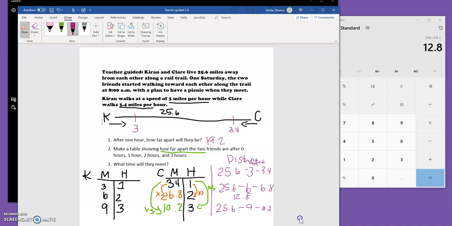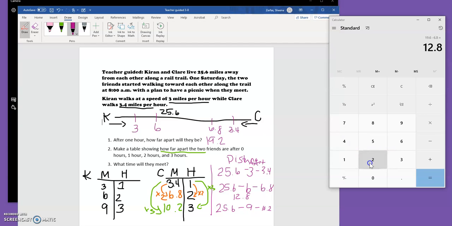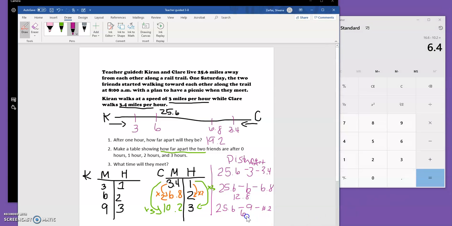The reason we're subtracting is because they're coming in closer on this image, so we could add that on the picture drawing I did as well. So 25.6, the original distance, minus the 9, minus 10.2. After 3 hours, they are 6.4 miles apart.